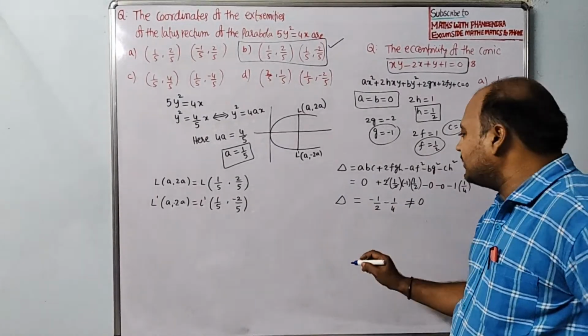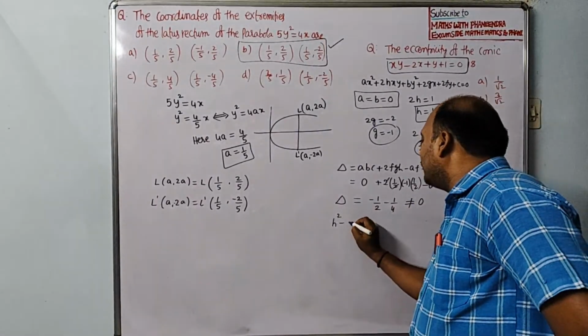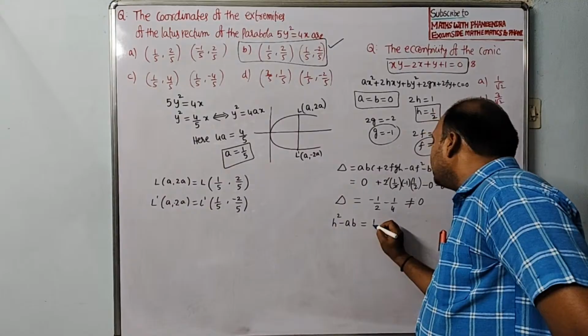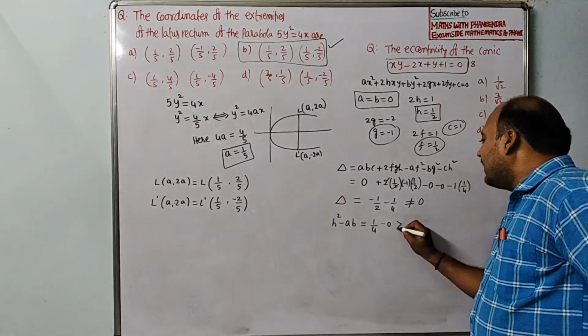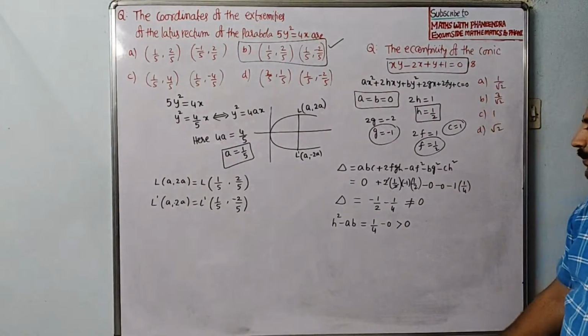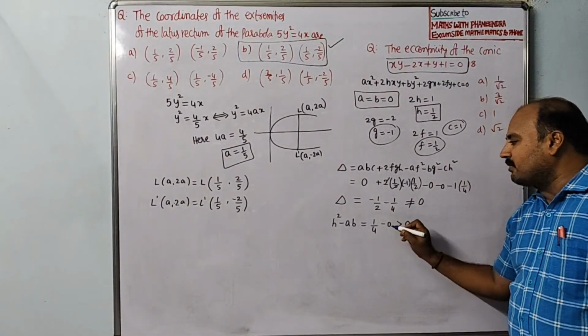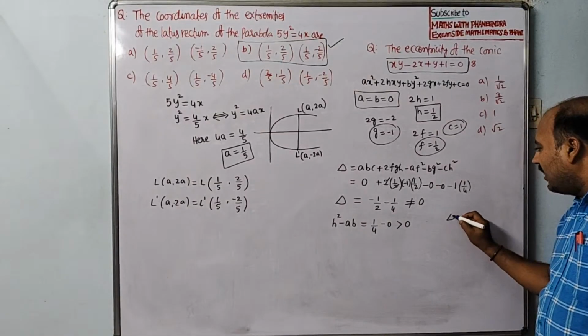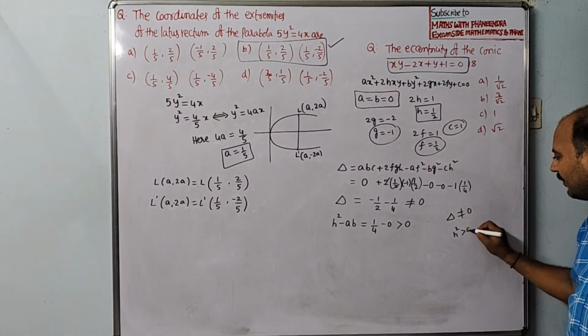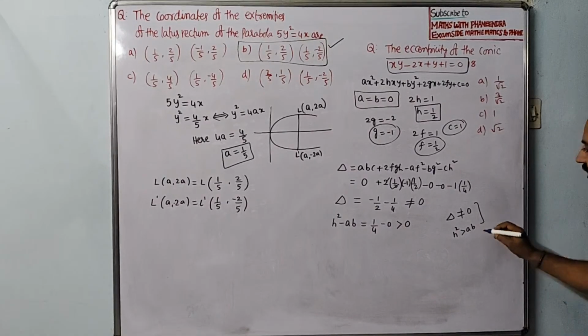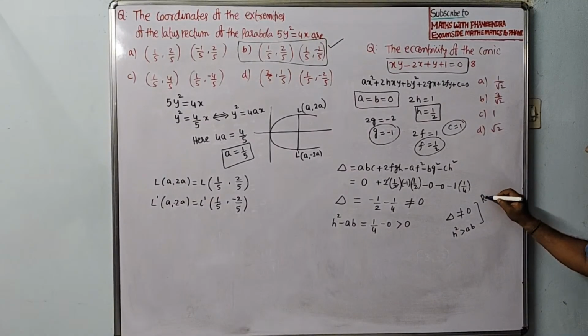We got one condition. Now calculate the value of h square minus ab. h square means 1 by 4 minus ab value 0, so 1 by 4 minus 0 means 1 by 4. It is greater than 0. Whenever delta is not equal to 0 and h square is greater than ab, then the conic section represents a rectangular hyperbola.